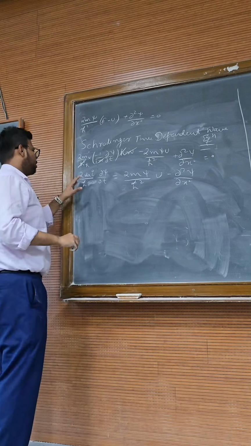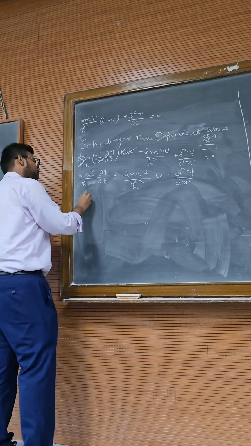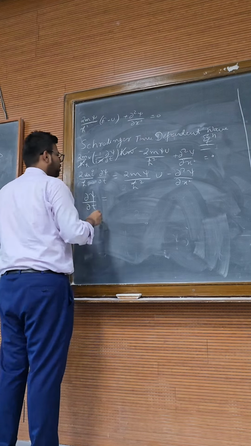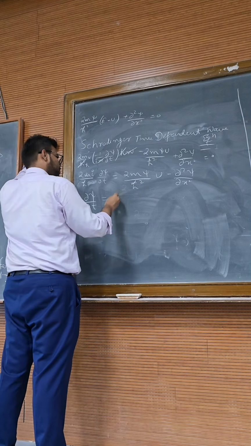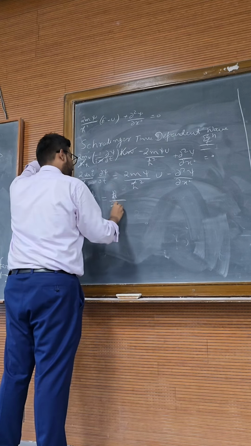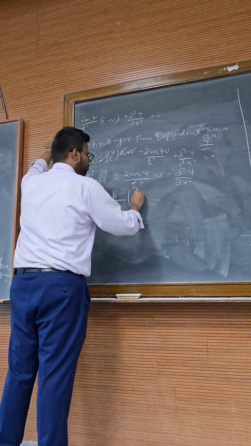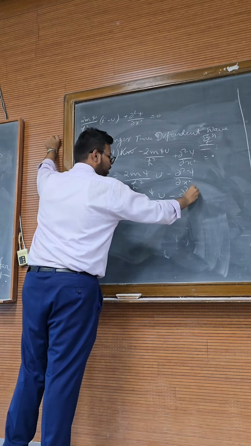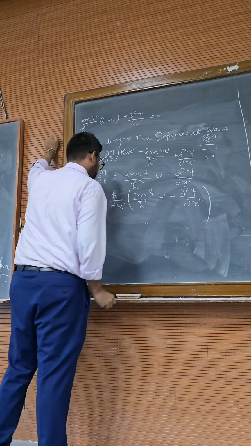So now you can bring everything to the LHS. You get ∂ψ/∂t is equal to ħ upon 2mi into this thing, 2mψ by ħ² into U minus ∂²ψ/∂x², and you can solve this thing, right?